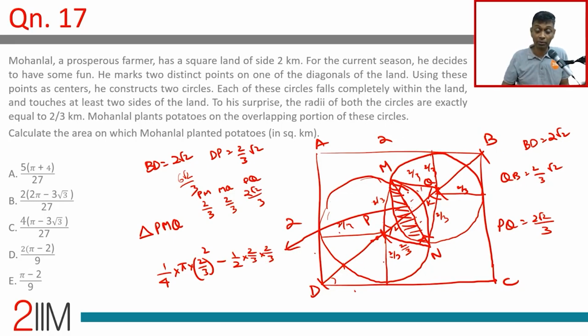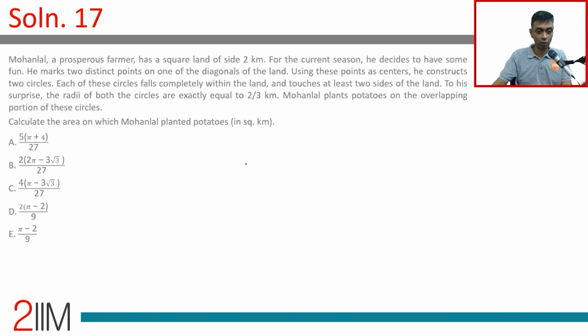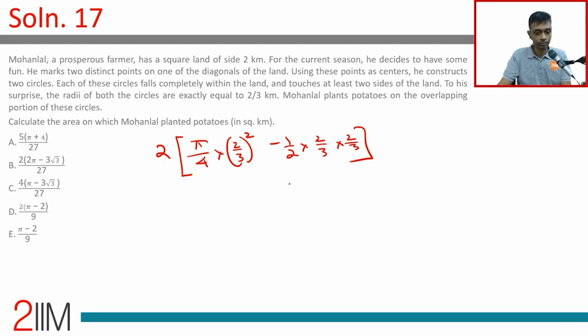That is the area of that segment. But our good man is not just cultivating this, he is cultivating twice of this. Wonderful. So we are looking to calculate 2 times of pi by 4 into 2 by 3 square minus 1 by 2 into 2 by 3 into 2 by 3.